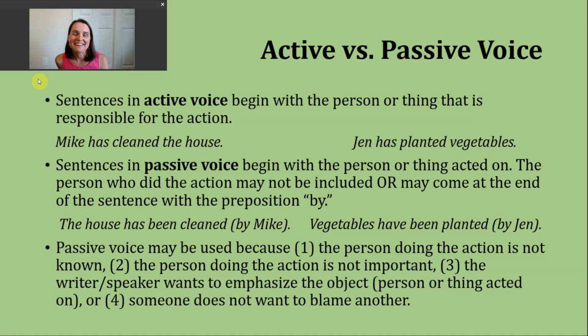A fourth reason that gets used sometimes is when we don't want to blame someone. So, if there's a particular action or maybe a lack of action that has been taken, instead of assessing blame and saying this person did not do the thing, we can avoid it by just saying this thing wasn't done, right? So we're not assigning blame to a particular action.